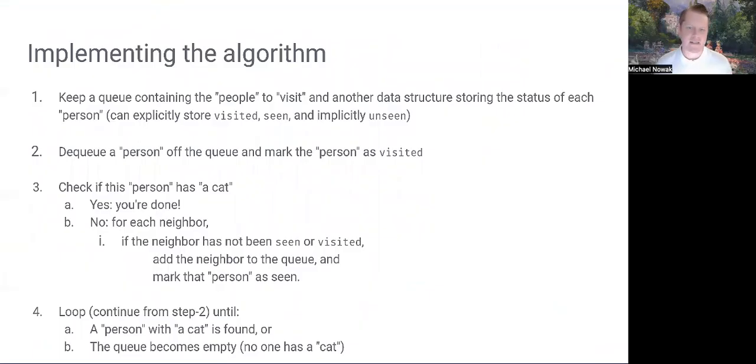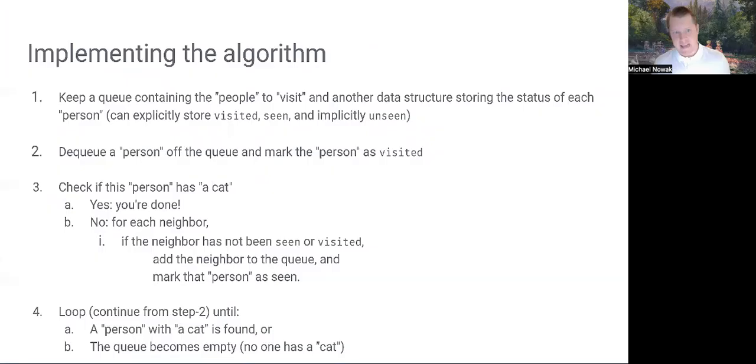So if we're using a map to store the status, if we haven't seen the person, they're not going to be a key value in our map. So it's indicating this implicit unseen status. If we have seen them, the key value would exist and it would map to some sort of value. And that value could either be visited or seen. And we're just going to differentiate the two to allow us to quickly answer the question of whether or not a particular vertex has been processed or not.